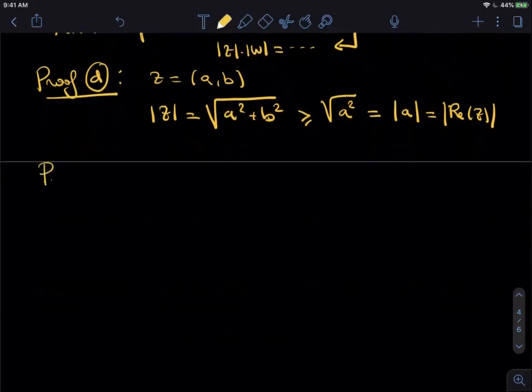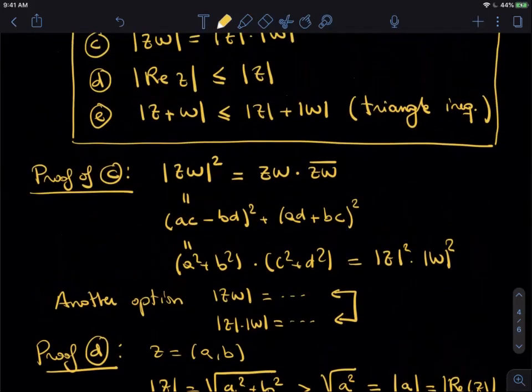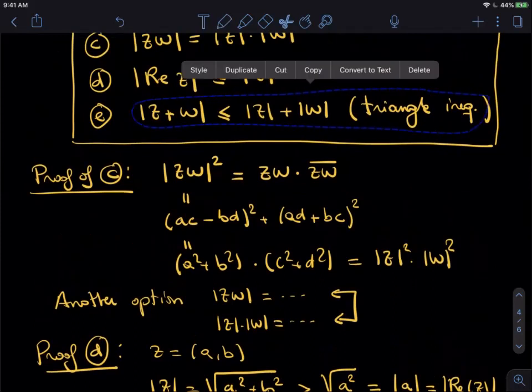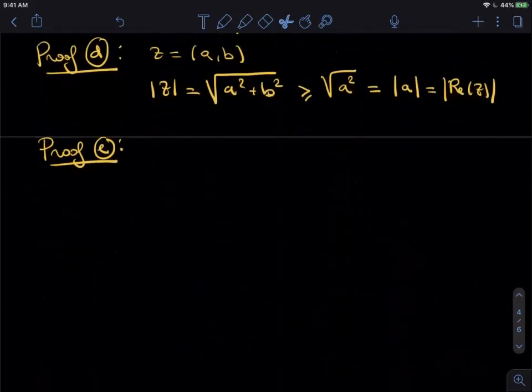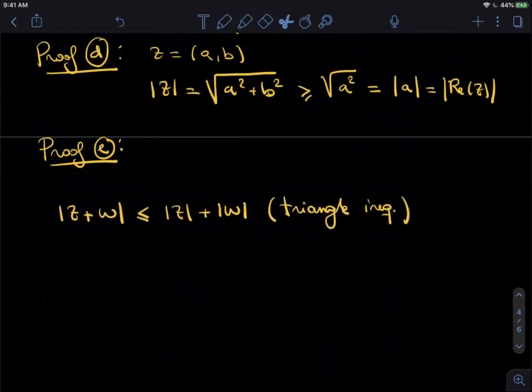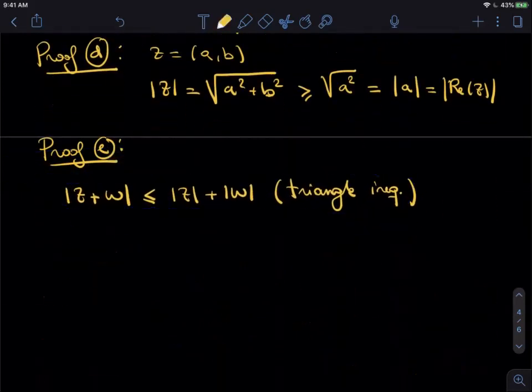All right, and I think we are only left to prove the triangle inequality. That was E. Let's copy paste. There we go. Because we are starting the proof, let's put a question mark to indicate that we want to prove that.